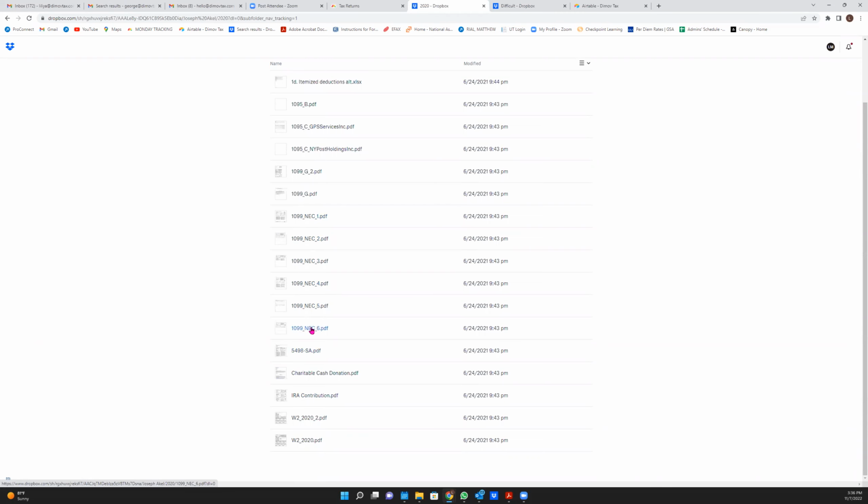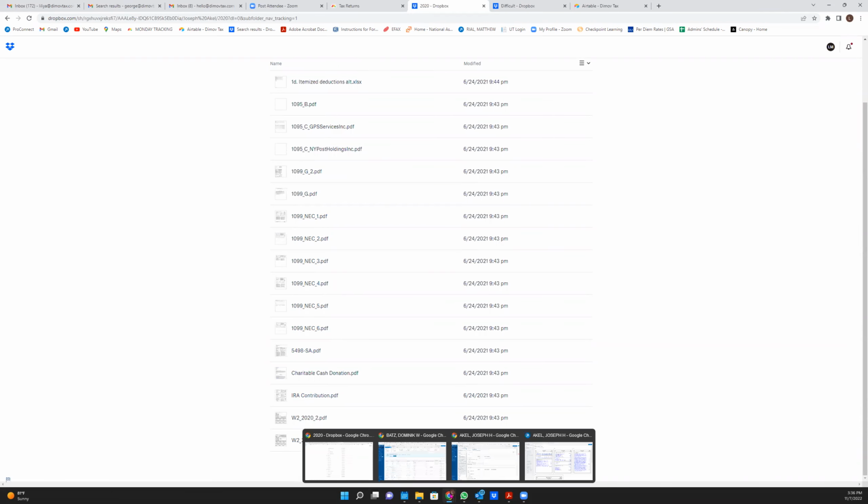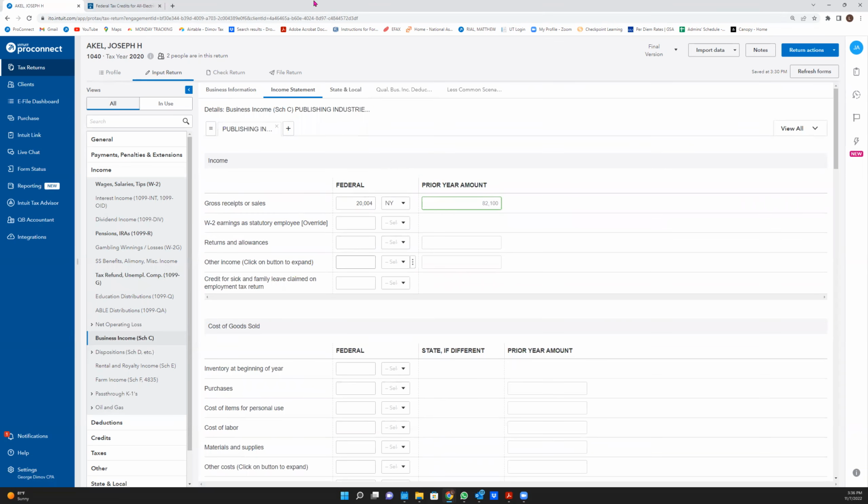You would tally them up, and that would be the total business receipts for the year, not net income, right? Because net income, that's after the expenses. Okay? Yeah. So this is where we put gross receipts.